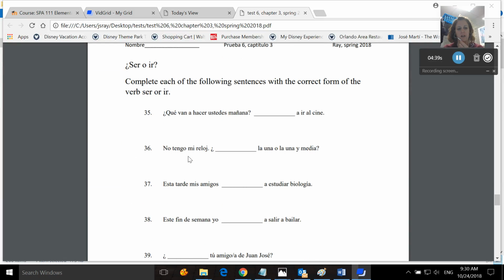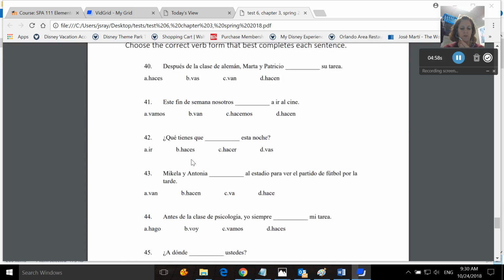And here, ser or ir: complete each of the following sentences with the correct form of ser or ir. So you're going to decide whether you need ser or you need ir to complete the sentence, and then you need to change the spelling of ser and ir to match who it is that is either going to the movies or who is Juan Jose's friend.